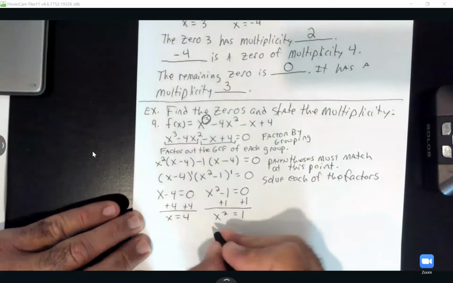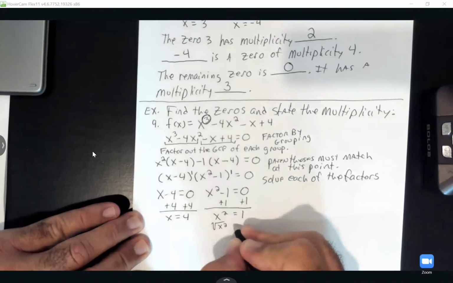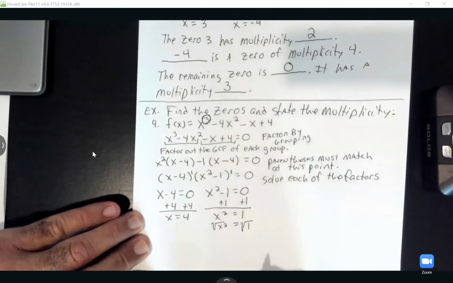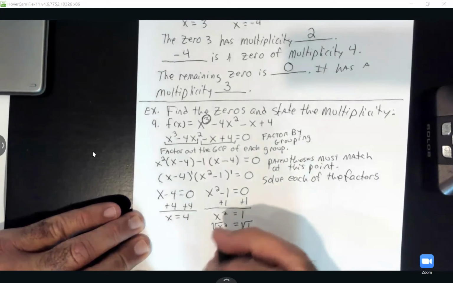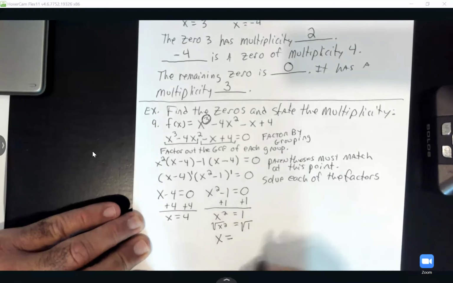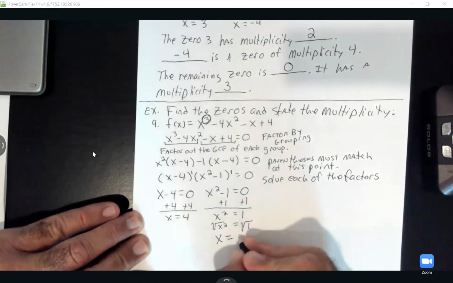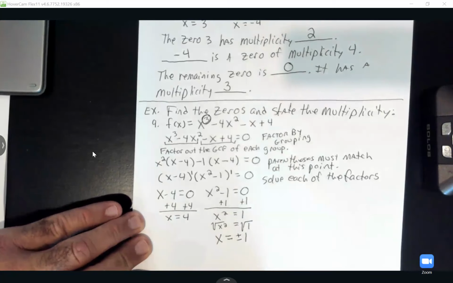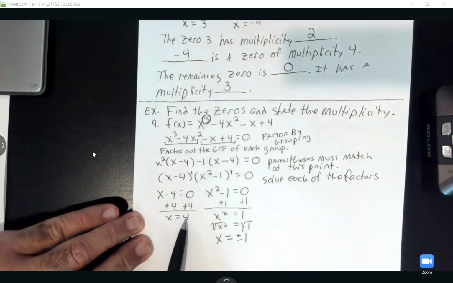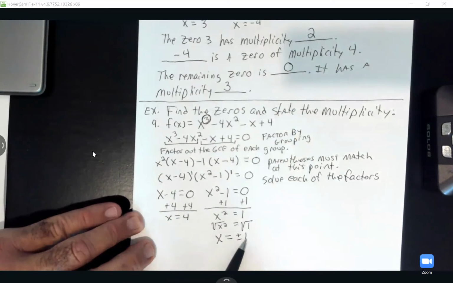Then we're going to take square roots. So the square root of x squared is an x. And y'all remember the square root of 1 is a plus or minus 1. So my 3 zeros would be 4, 1, and negative 1.